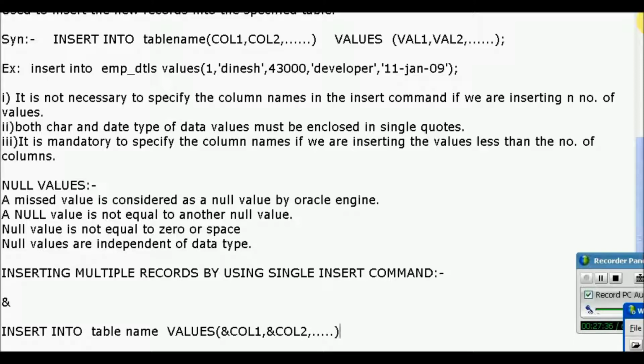Here ampersand is known as a substitution operator. At the place of column 1, it will substitute the specified value. At the place of column 2, it will substitute the given second value. So it is known as a substitution operator.